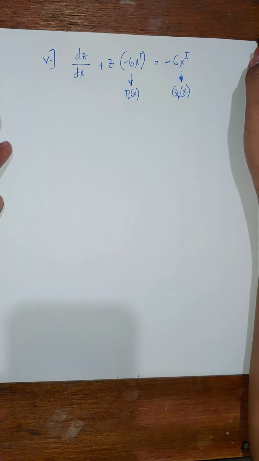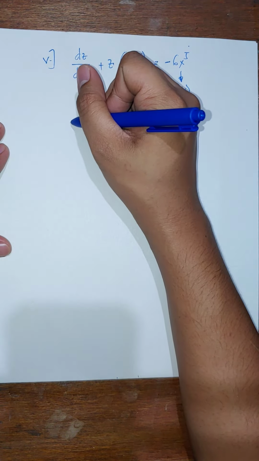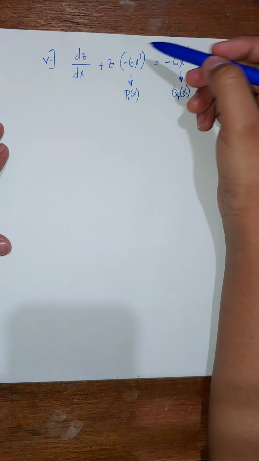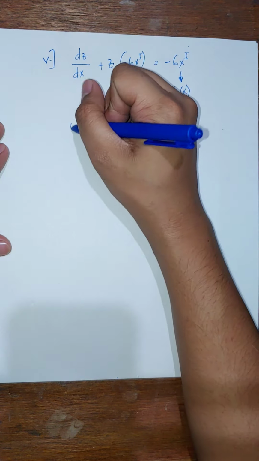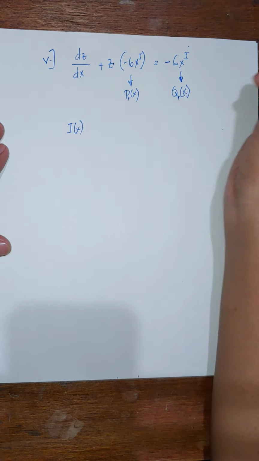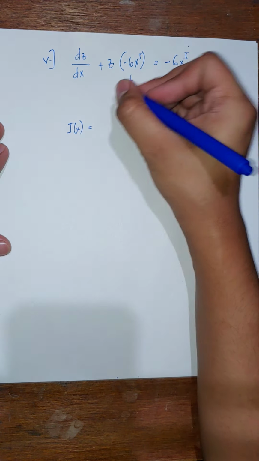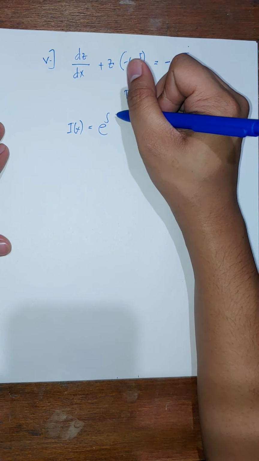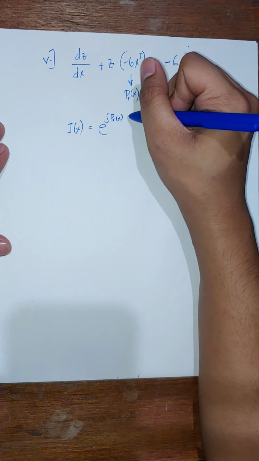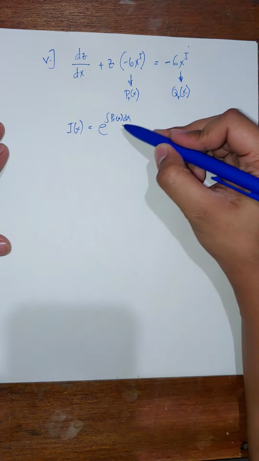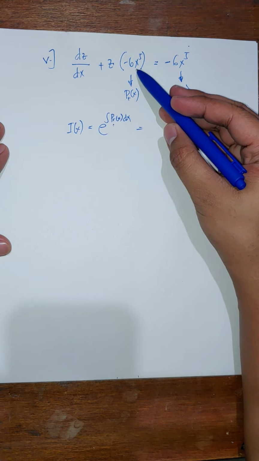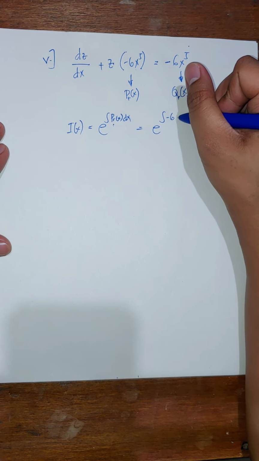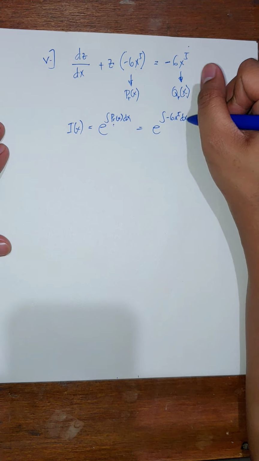Don't we use an integrating factor? For this one, since this is a first order linear differential equation of z, we take an integrating factor with respect to x. This is equal to the exponential e raised to the integral of p of x dx. We substitute p of x, so this becomes e to the integral of negative 6x to the fifth dx.